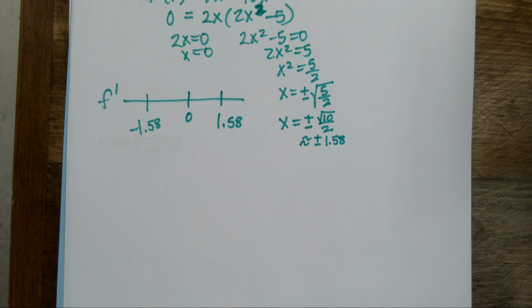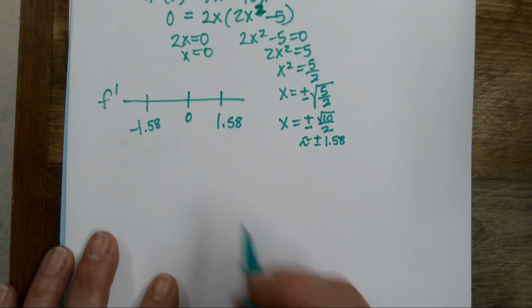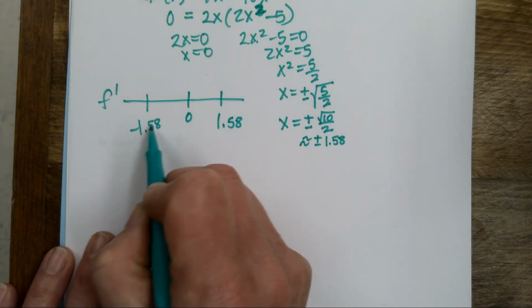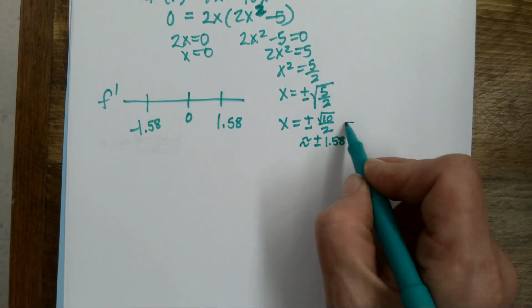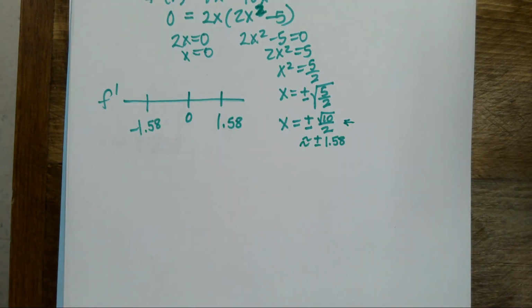Okay? I just want to use these for when I am plugging in my stuff. But I do want to use my exact value when I'm actually finding the point. But these for just plugging in are going to work just fine.